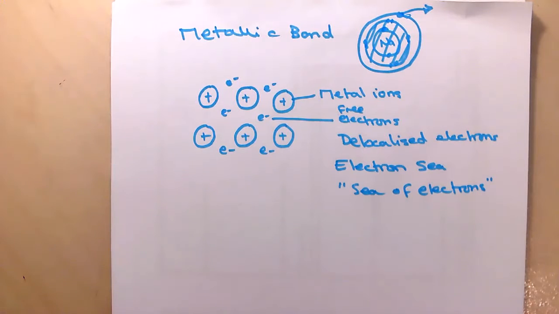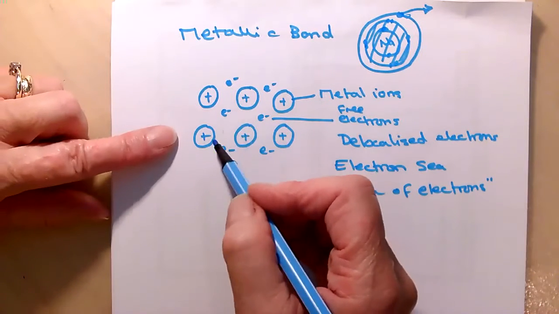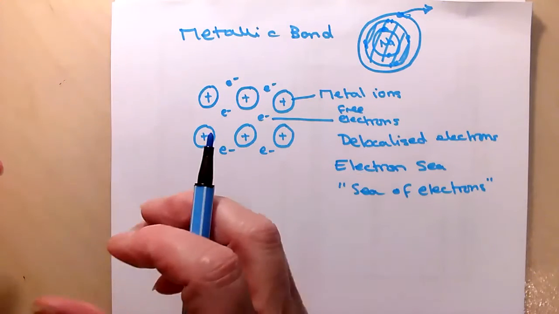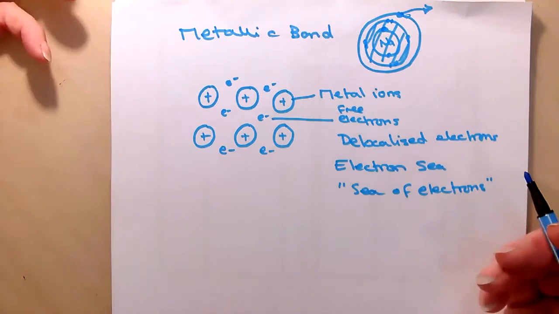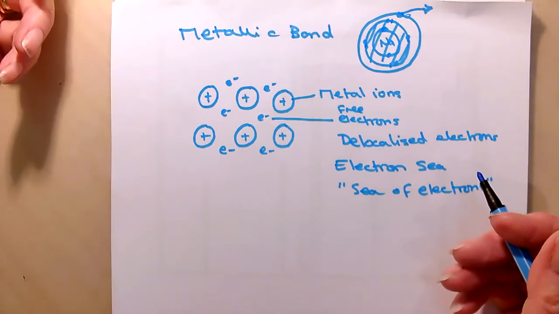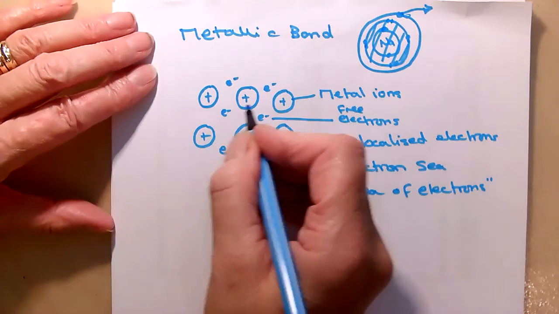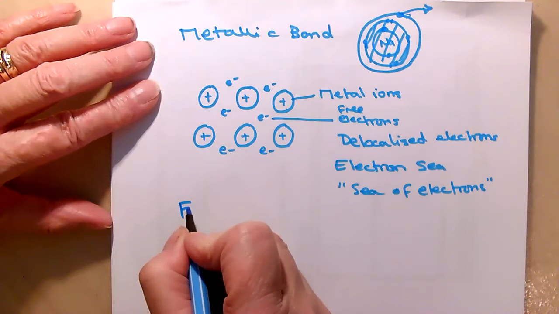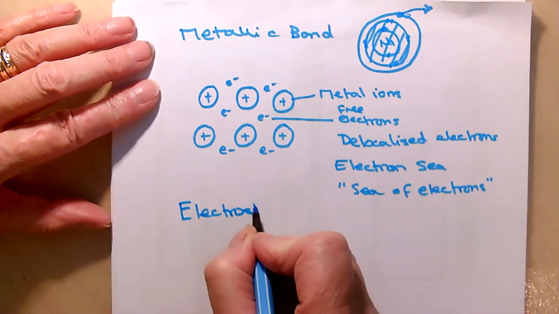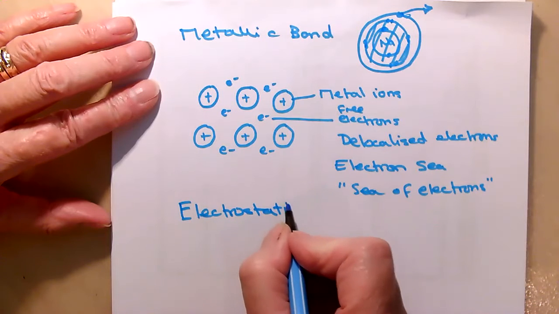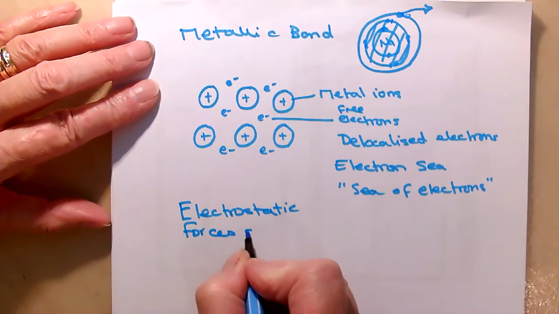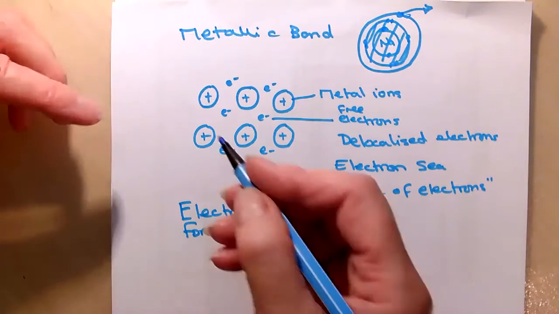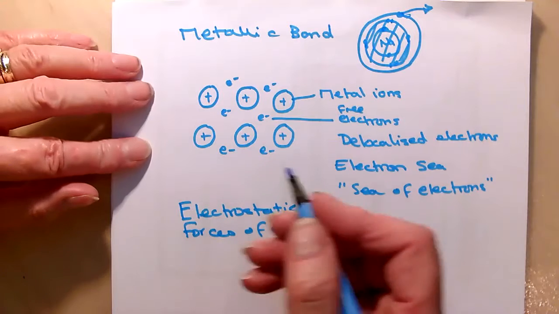Now the strength of the bonds between the positive ion and the electron is very, very high. Metals are solid, and metals usually have a very high boiling point. So the strength of this bond is very strong. They are electrostatic forces of attraction, and it's electrostatic because the metal ion has a positive charge and the electron has a negative charge.